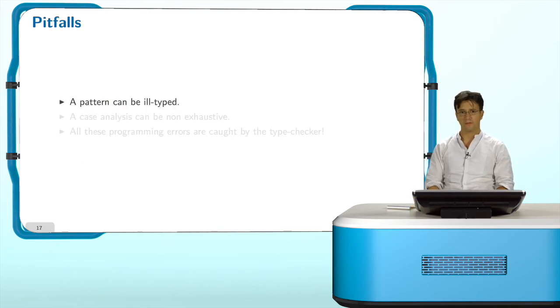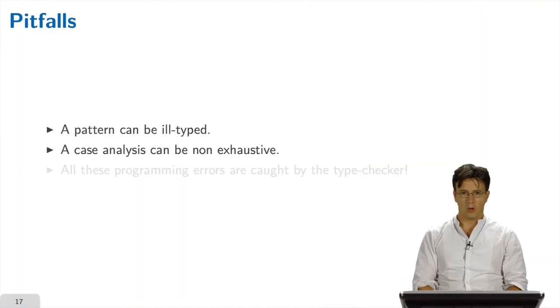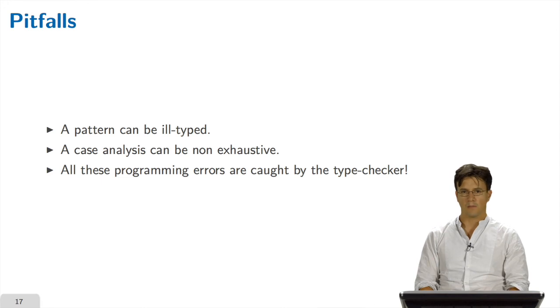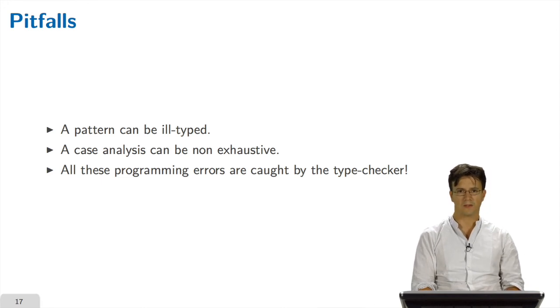Now, what kind of programming errors do you make when you manipulate algebraic data types and pattern matching? The first thing you can do is to ill-type your pattern. You can also miss some cases. But the good news is that these kinds of programming errors are in fact caught by the type checker.